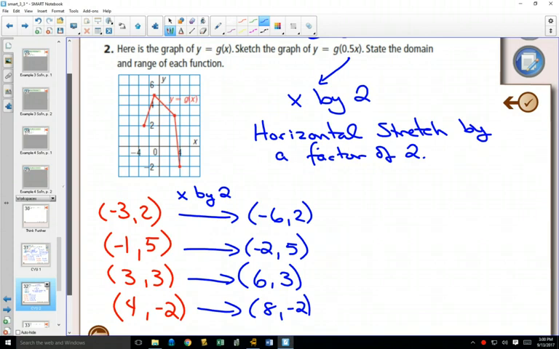And it's always good to do a little bit of a check after you've done a point, because the mental math that you're going to be doing is going to be so easy, like, oh, multiply an x by 2, that you might start thinking about the next step already. What am I going to do next? And when you do that, you have a better chance of making those little mistakes.